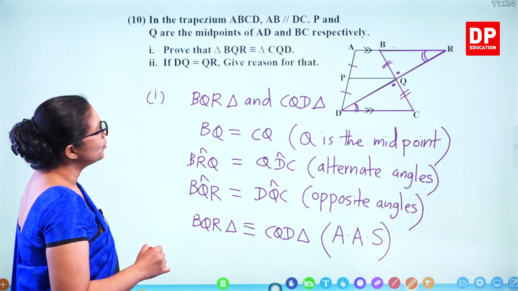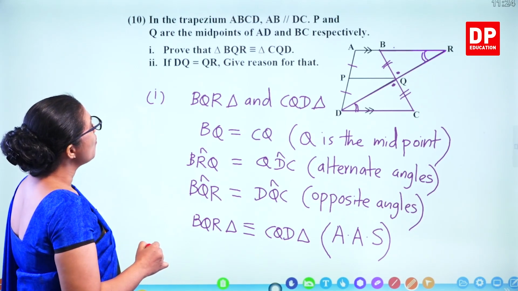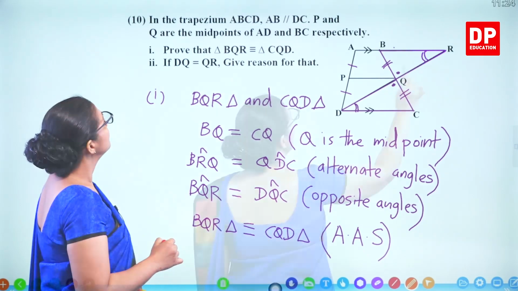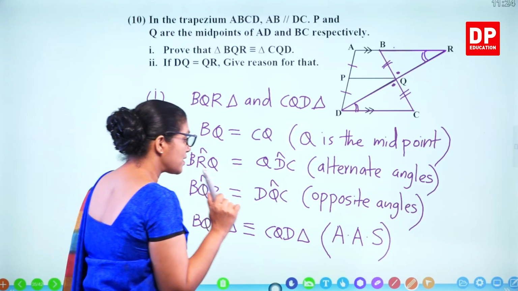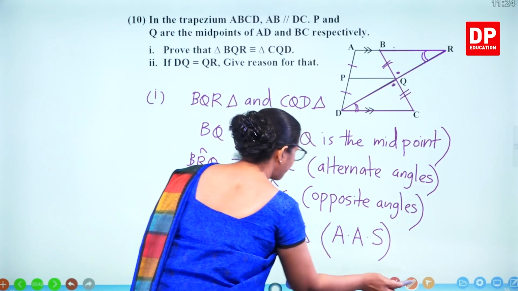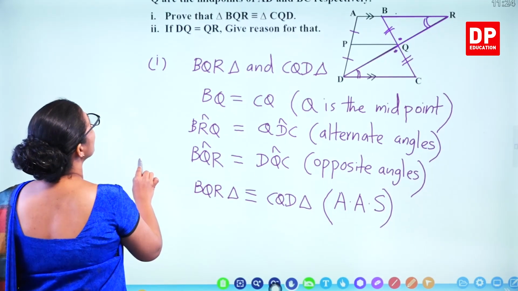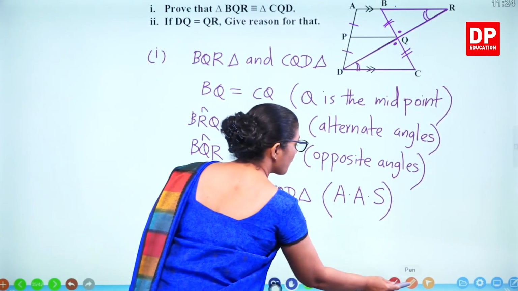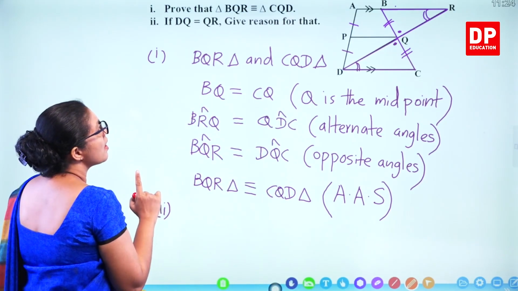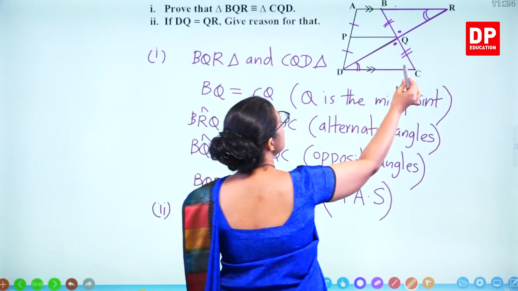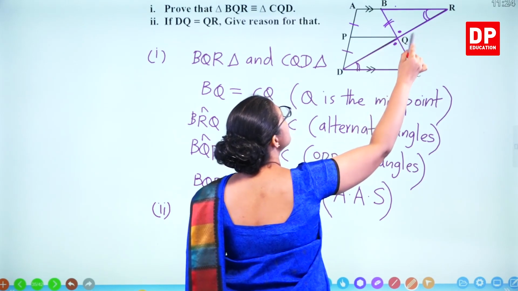If DQ is equal to QR, give reason for that. So you need to show why DQ is equal to QR. So what's the reason? Now see, opposite to this angle is this length. Opposite to this one is this one.